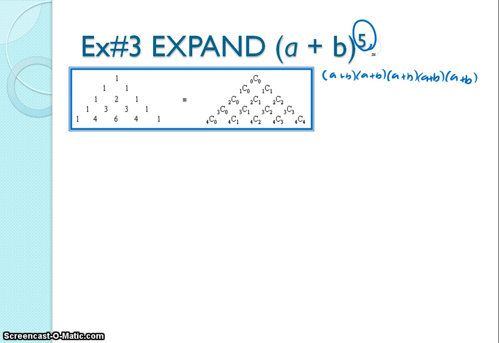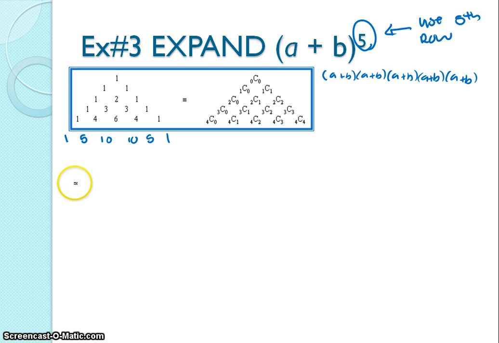So this is 5, which means we're going to use the 5th row of Pascal's triangle. Okay, so when we expand it out, we are going to use the 5th row of Pascal's triangle, which we found in the previous example, which was 1, 5, 10, 10, 5, 1. That would be the 5th row.